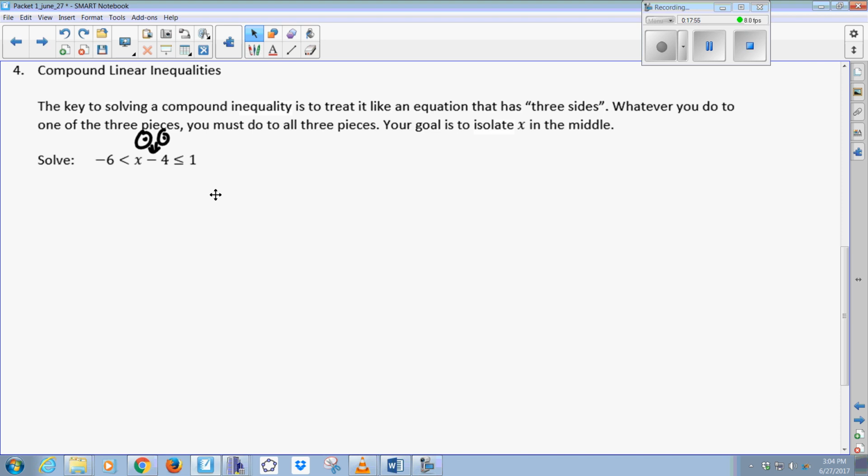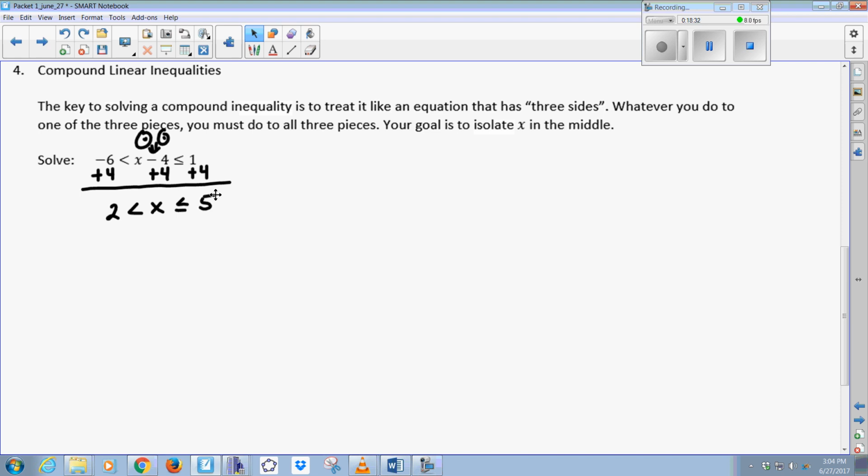So just like we were solving an equation, we would add 4, but instead of having just one side to add 4 to, we have two sides. The equation has almost three sides, three pieces, however you want to think about it. So you put your straight line there and you say -6 plus 4 is -2. Since I added a number to each side, I don't have to worry about changing the direction of my inequality. And there's my answer. X is less than or equal to 5 and greater than -2.